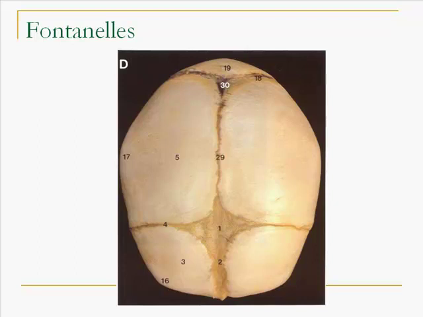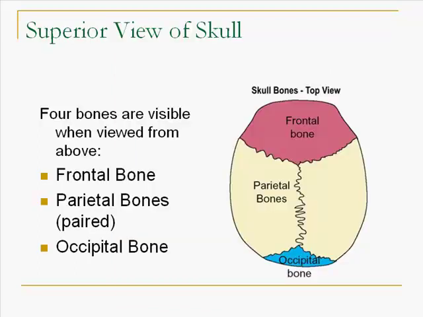These sutures haven't closed. So with the superior view of the skull, there are 4 bones visible. The frontal, the parietal bones. Parietal, in Latin, means walls. So those are the sides of your skull. And the occipital, which is the back.